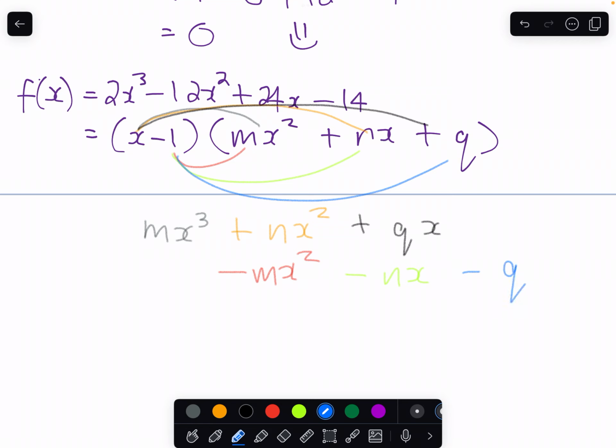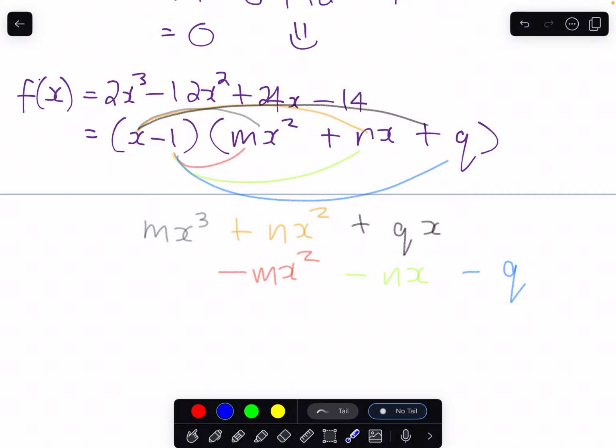So the 2x cubed comes from this multiplication. The minus 12x squared term comes from the x times nx and the minus 1 times mx squared, right? So that's where we get the minus 12x squared.